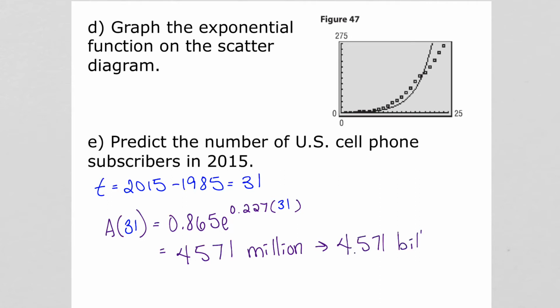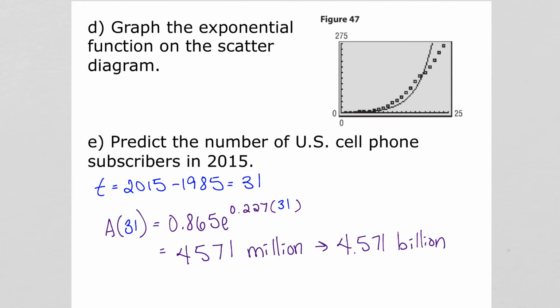Now I want to talk about this for a second. There are approximately 7.5 billion people in the world. So this prediction is saying that 5 years ago, over half the people in the world had cell phones. That is highly unlikely because we're including children, we're including older people, poorer countries, everything.